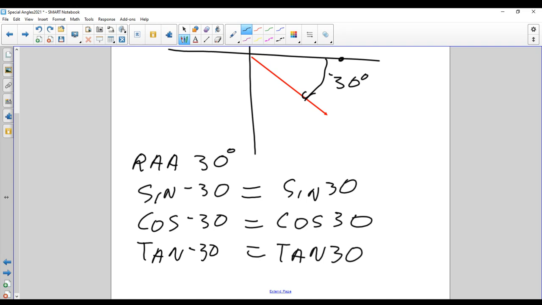We go to Che. Excellent. So this is negative. This is positive. This is negative. Why? I'm in the fourth quadrant. In the fourth quadrant, my sine is negative. That's the CAST rule. Look at the CAST rule.